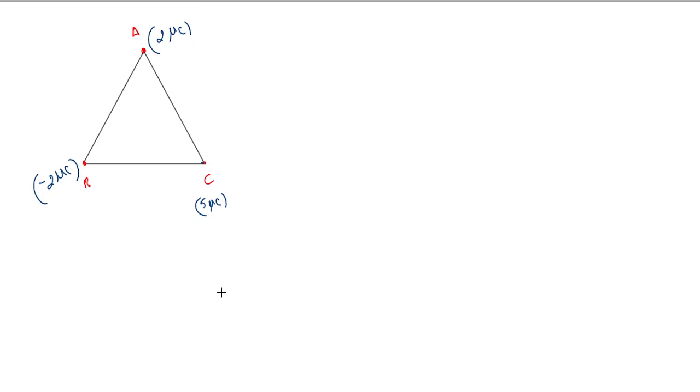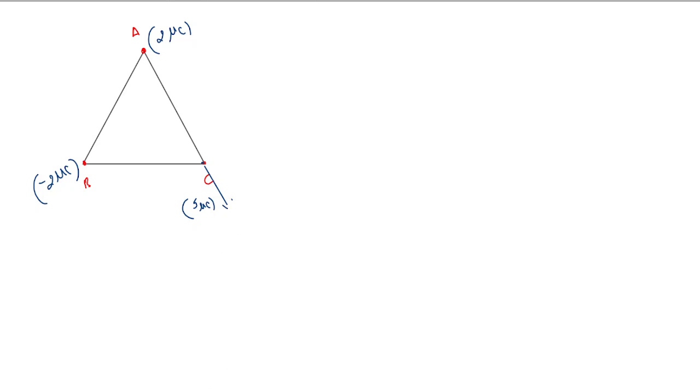We'll first find the force which the charge kept at point A exerts on the charge kept at point C. The charge at point C is 5 microcoulomb. Now here, charges at point A and point C have the same polarity, so the force which A exerts on C would be a repulsive force. The force would be in this direction.